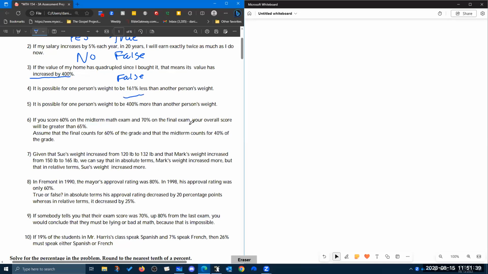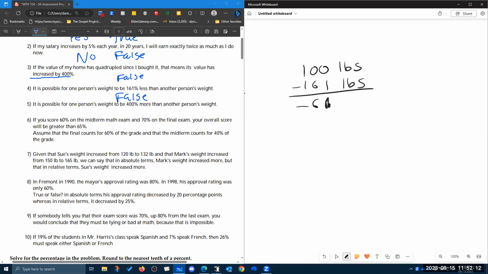You could be more than, but not less than, because it can't be a negative weight, right? So if a person was, let's say, 100 pounds, I can't have another person be 161 pounds less than this person.